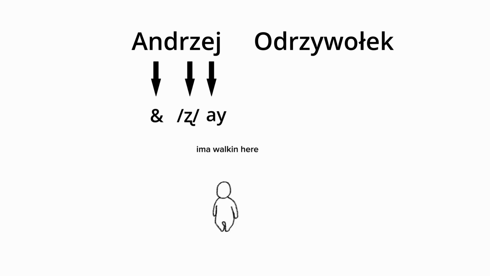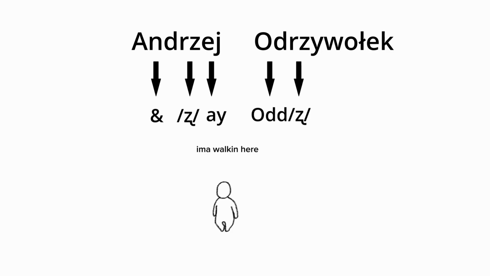For the last one, let's take a look at this Polish person's name. How to pronounce this name. Andrzej, which doesn't really exist in English, but it is pronounced similarly to S in measure. So here it is represented by phonetic ż. A, as in, hey, I'm walking here. Andrzej.